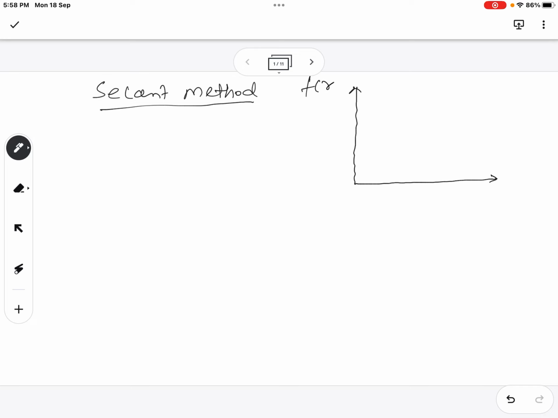So what do I mean? Let me plot a curve and there are two chosen points, x0 and x1, and through these two chosen points a line is drawn. This is known as the secant, or secant line, and this point is the root, and this point is where the secant line cuts the x-axis.